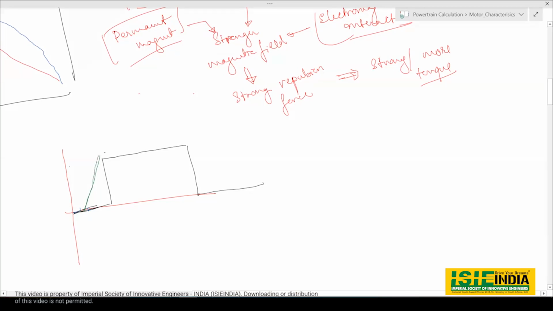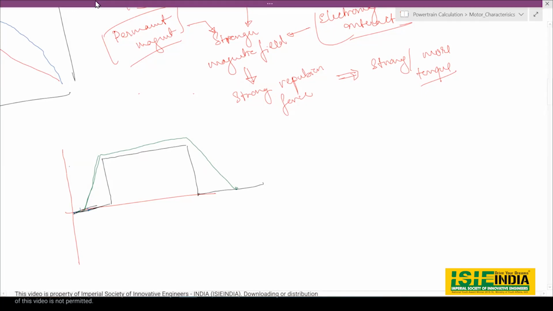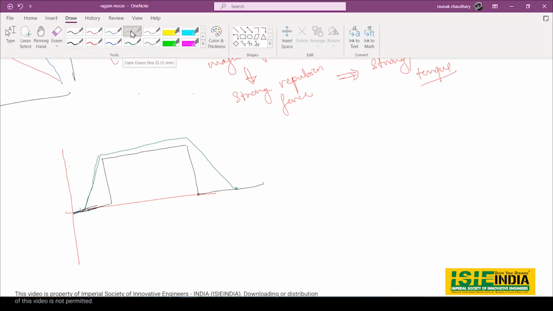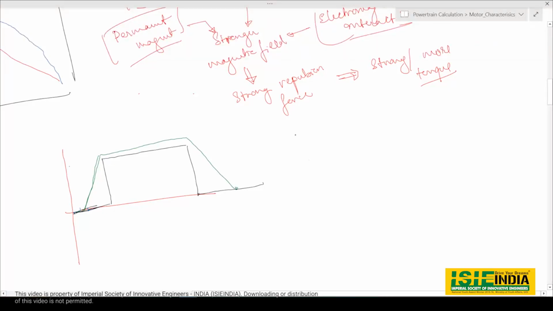It will increase and then remain and then it will decrease, right? So in case of BLDC motor, we provide pulses, okay. And thus the method we use is pulse width modulation.